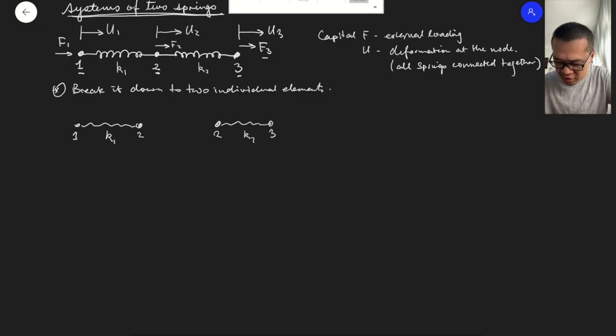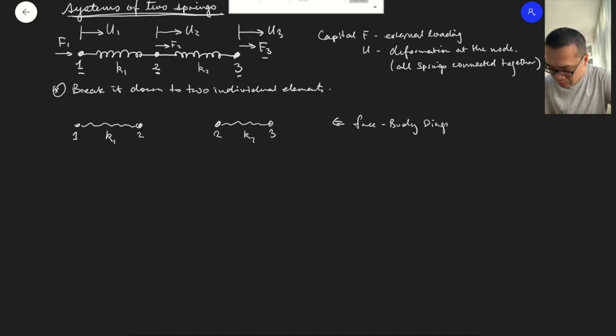Now we set up something that we call a free body diagram. So what happens when they are not linked together? They are free as individual parts. Now we're going to look at the loading on these individual elements.